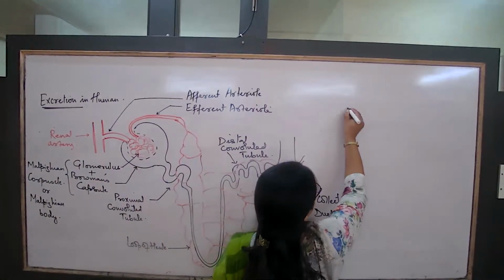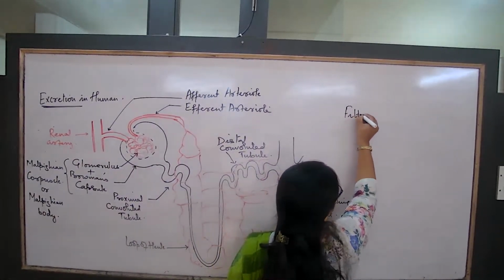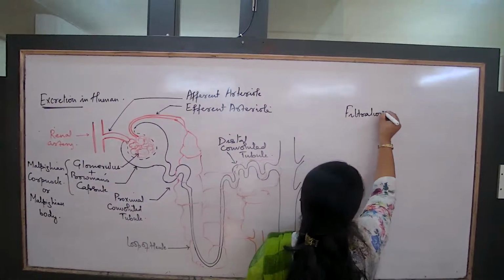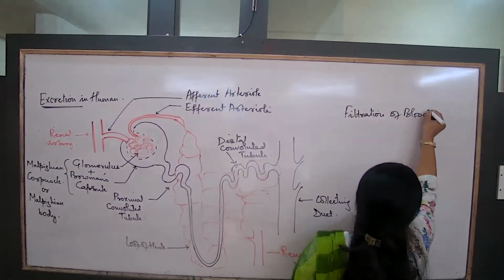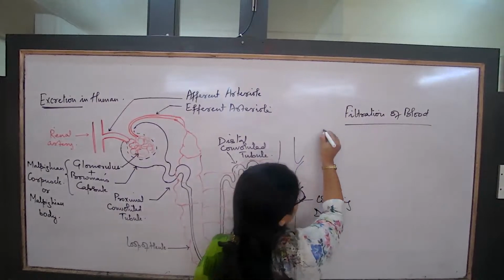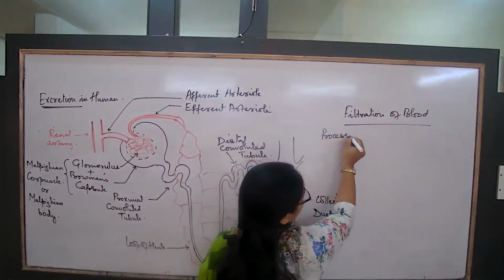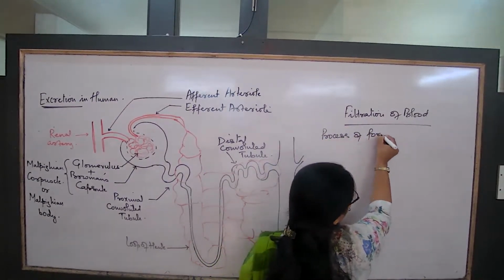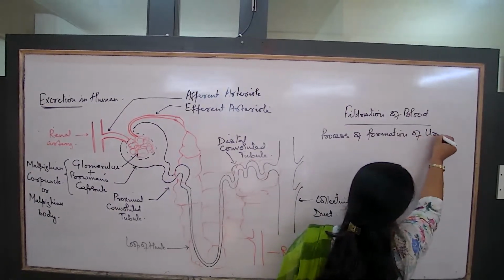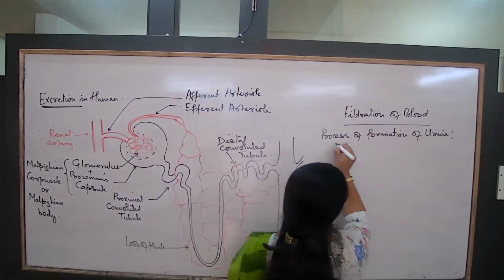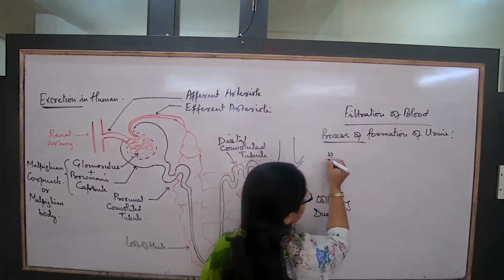So now as we talk about the process of filtration of the blood, we are to understand what the steps are. The process of filtration of the blood, or say the process of formation of urine, is brought about by the filtration of the blood. What are the three steps?